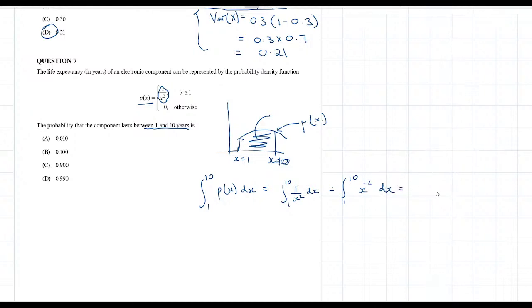Okay, and let's integrate this now. So that's going to be x to the power of negative 2 plus 1 over negative 2 plus 1, plus c. And we want to integrate this between 10 and 1.